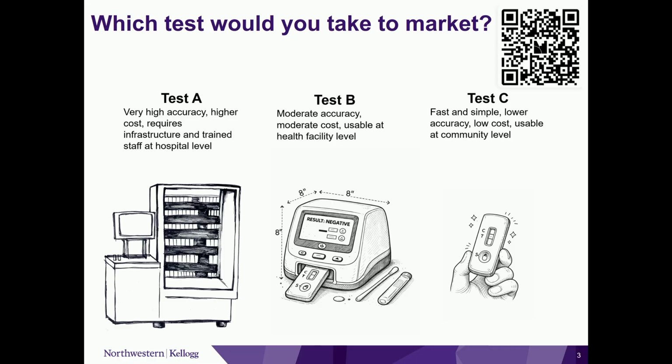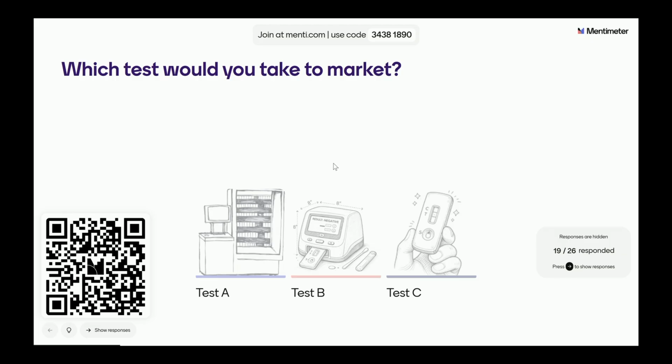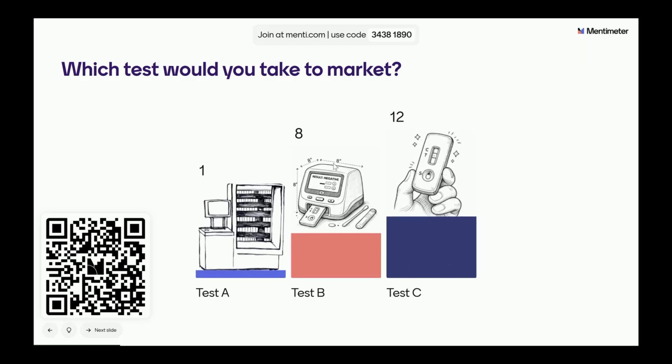I want you to get out your smartphone, scan this QR code, and weigh in on which job you want to take. Okay, that's good enough. All right, so who chose test A, test B, test C? The overwhelming majority, most people wanted to do the rapid.